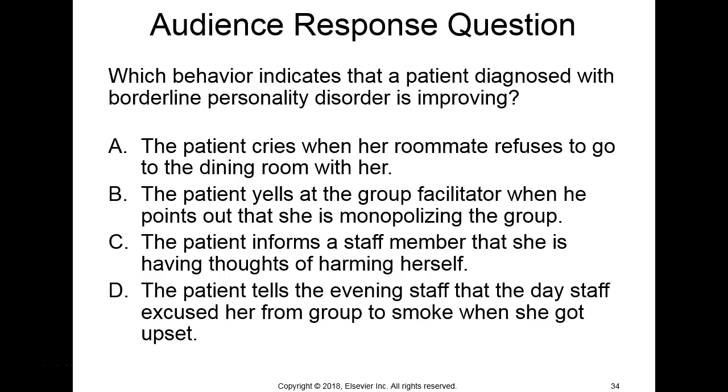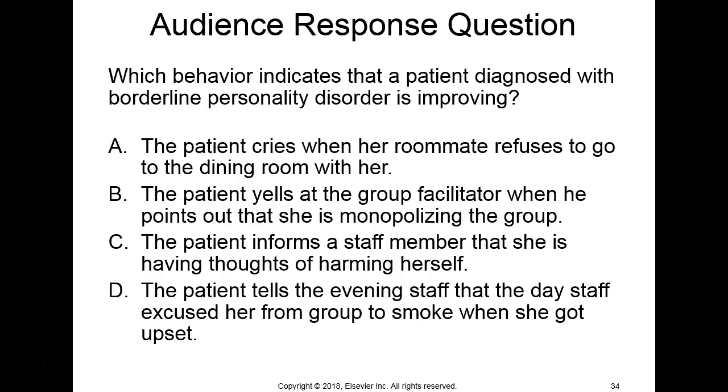Not that it's horrible that the person cries, because it might be an appropriate response if they feel sad, but that's kind of a minor thing, having their roommate go to the dining room with them, so perhaps they still need to work on separating themselves a little bit and dealing with disappointment. Yelling at the group facilitator is not positive.